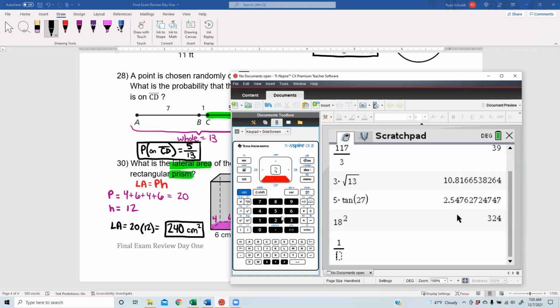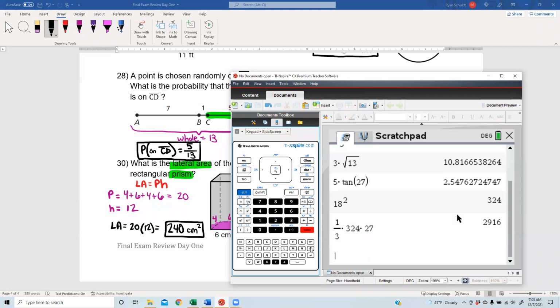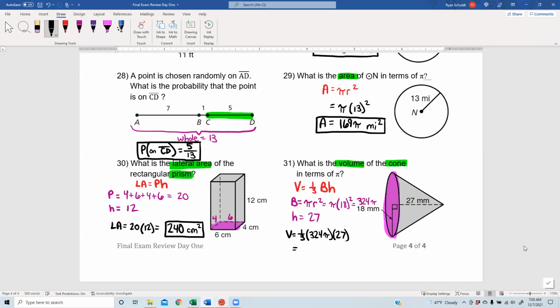So 1/3 times 324 times 27 is 2,916. Pi, can't forget your pi. Millimeters cubed. That's our volume.